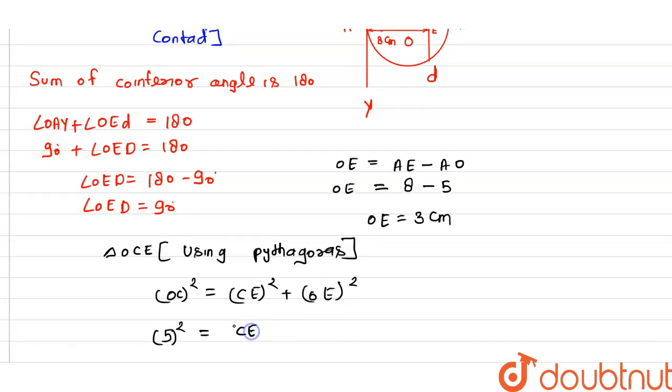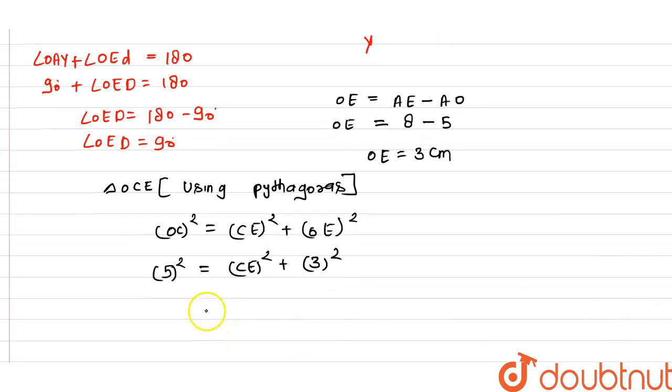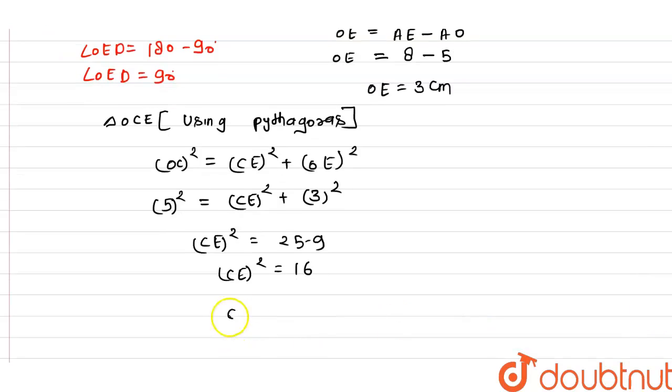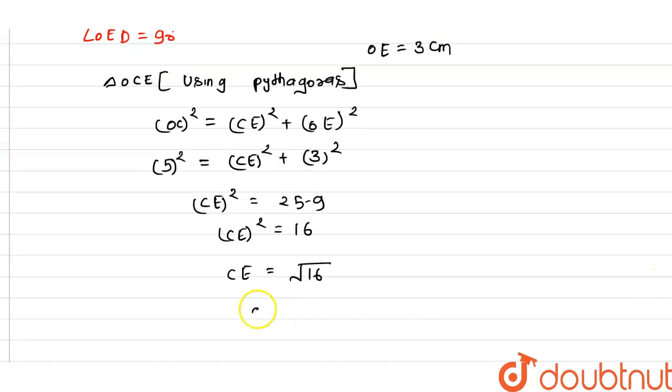So when we simplify this, we get CE square is equal to 25 minus 9, then CE square is equal to 16. So when we take the square root, CE equals square root of 16. So the value of CE will be 4.